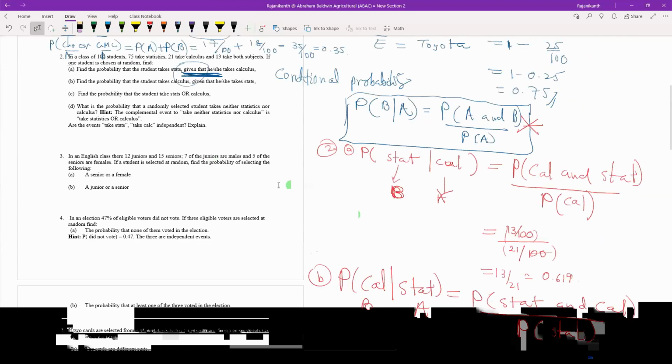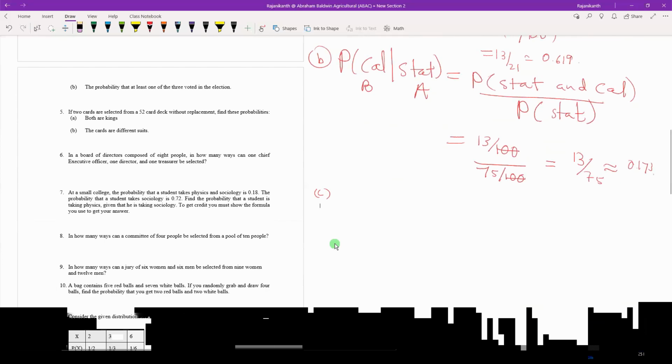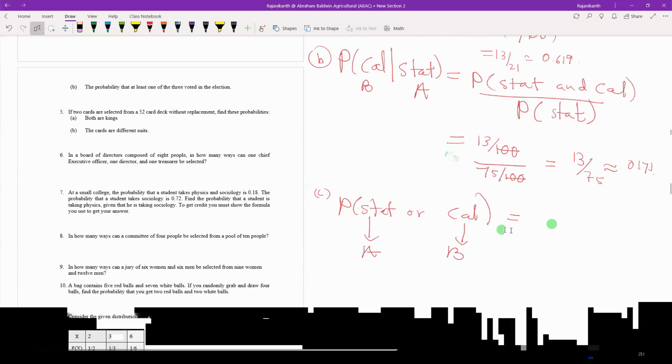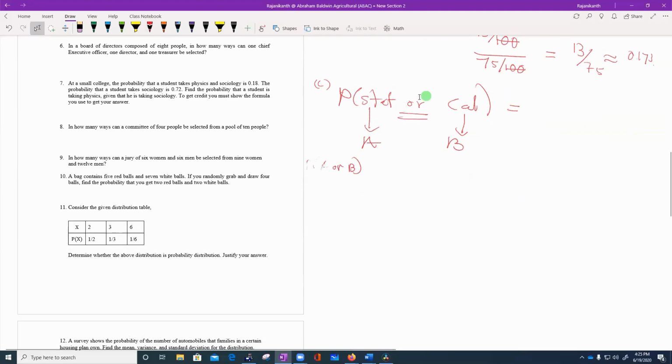Now see, find the probability that the students take either statistics or calculus. Okay, this is the catch now. The probability of stats or cal. Now you could think of this as event A and this is my event B. That means which formula do you have to use? You see the word or? Yeah. So remember, if you look at your note, this is called the addition rule. There are two addition rules there, right?